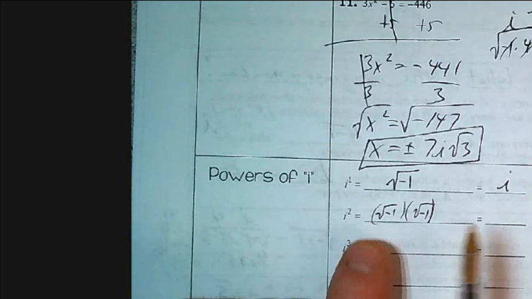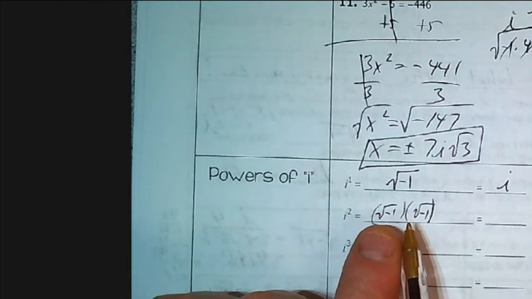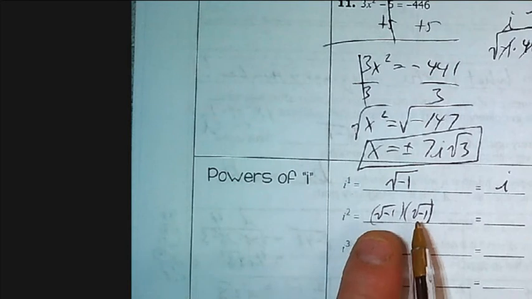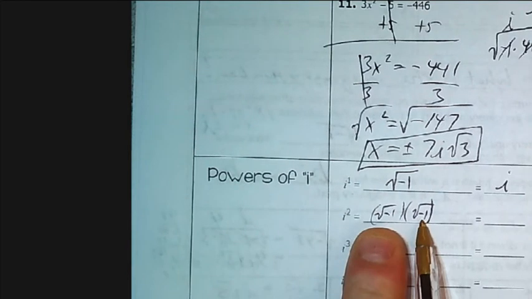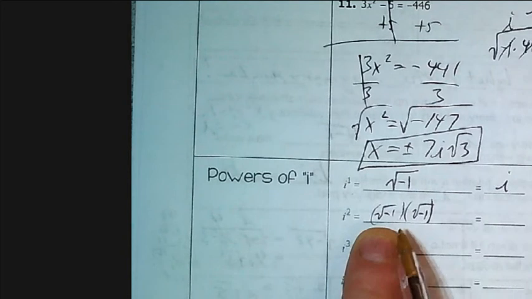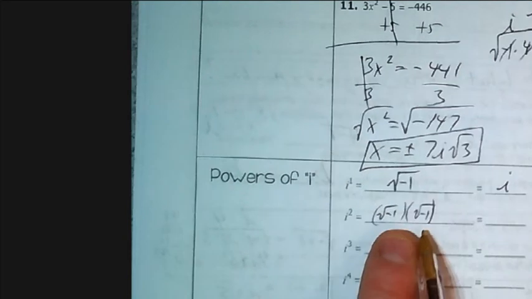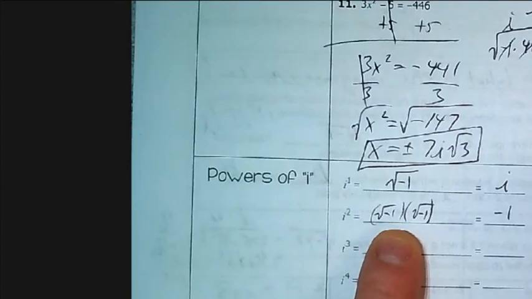When I square a radical, the result is whatever's underneath the square root, right? What's the root of 3 times the root of 3? 3, right? So the root of negative 1 times the root of negative 1 is just negative 1. Okay? We'll get it straight.